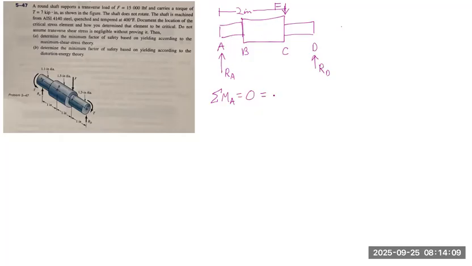So we have negative 2 inches times F plus 3 inches times RD, because RD is located 3 inches from A, and RD rotates the structure counterclockwise.